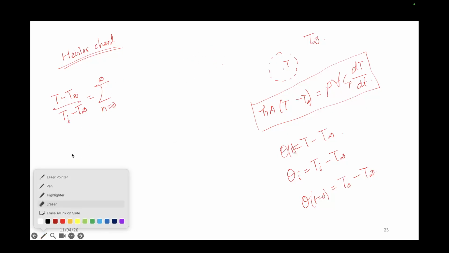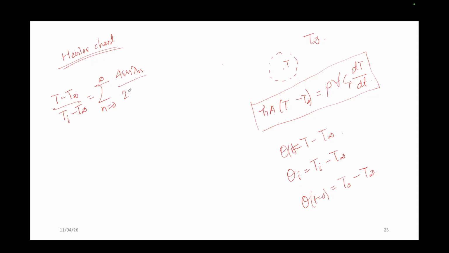There is no need to remember this because this is a common equation. We recall this because we are working on this one. That's why e to the power minus lambda n square alpha t by L square. This equation is not required, okay? I'm just writing it for your understanding. These types of equations you will get on deriving this.